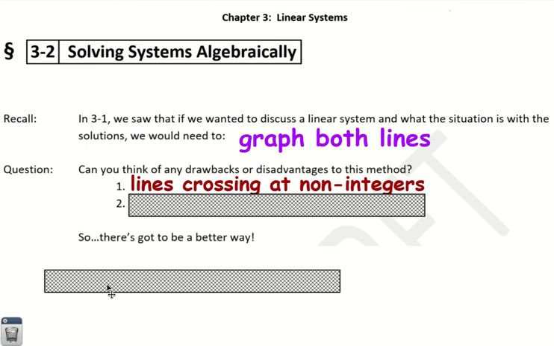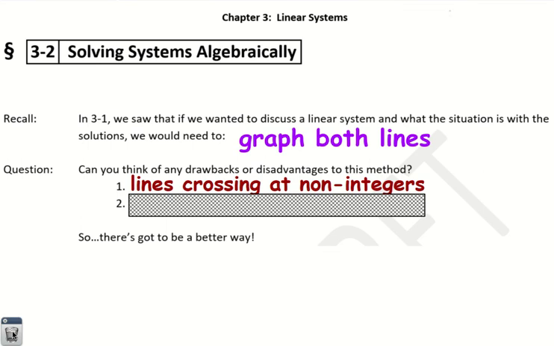Well, one reason is, what if the lines cross somewhere messy? Lines don't have to cross at nice integer coordinates. Two lines could cross at, let's say, 3.71 comma negative 8.05. That's unlikely in high school problems, but it's possible.